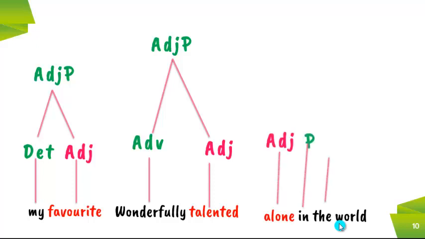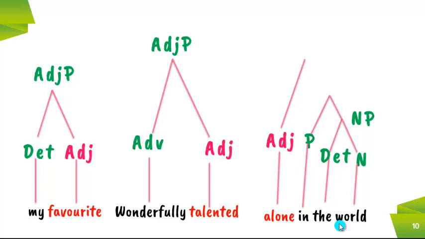Here we've got 4 words or parts of speech. They constitute noun phrase, then with preposition, prepositional phrase, and with adjective, adjective phrase.